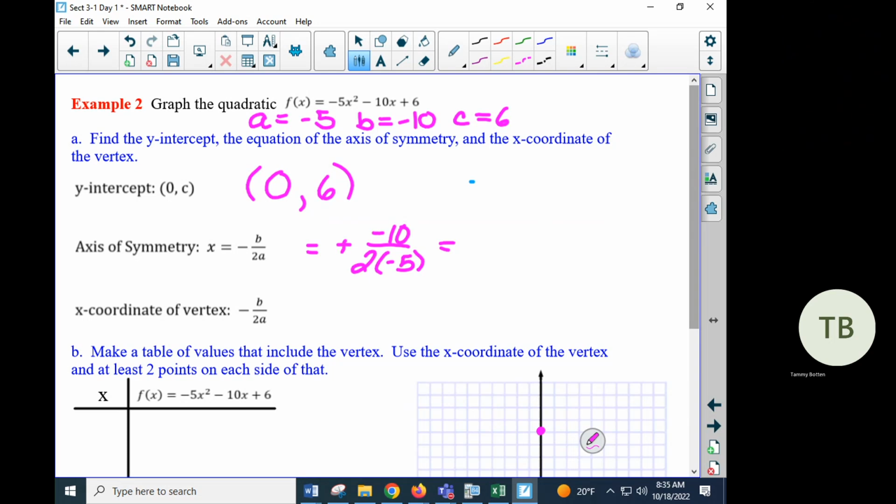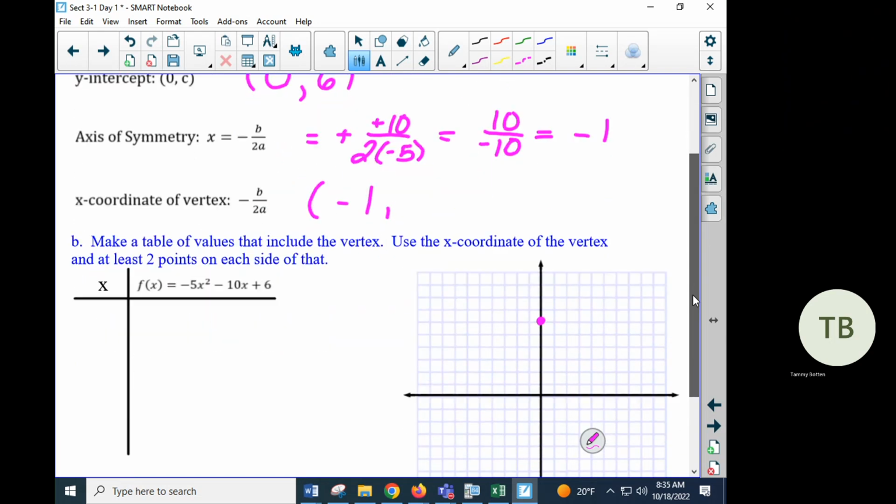It becomes positive. So on top, we have 10. 2 times -5 is -10. What would that reduce to? 10 divided by -10 would be -1. And what that means is the x-coordinate of your vertex is going to be -1.